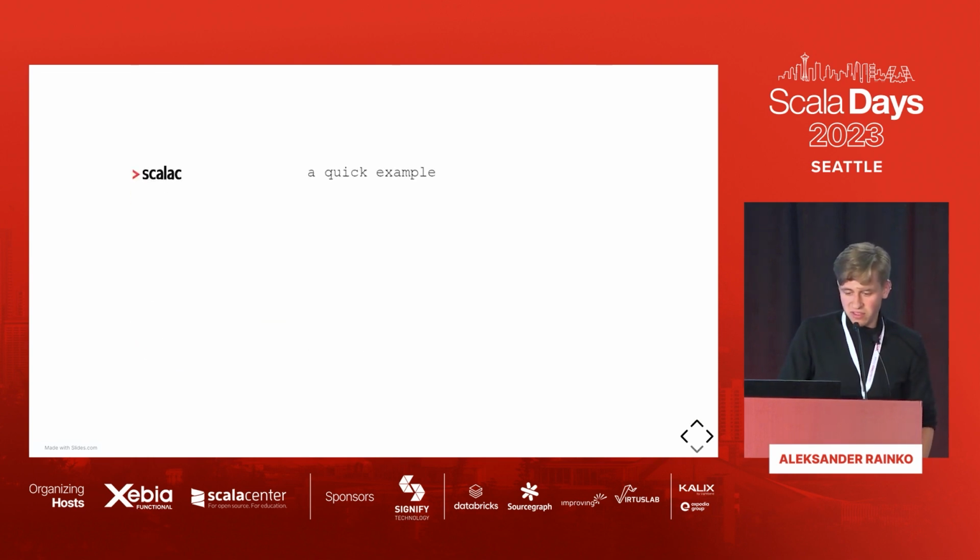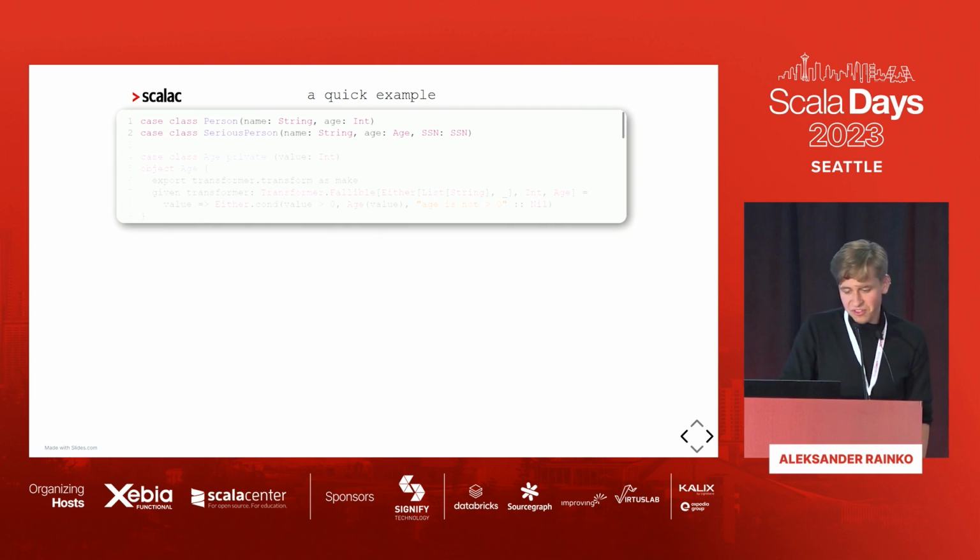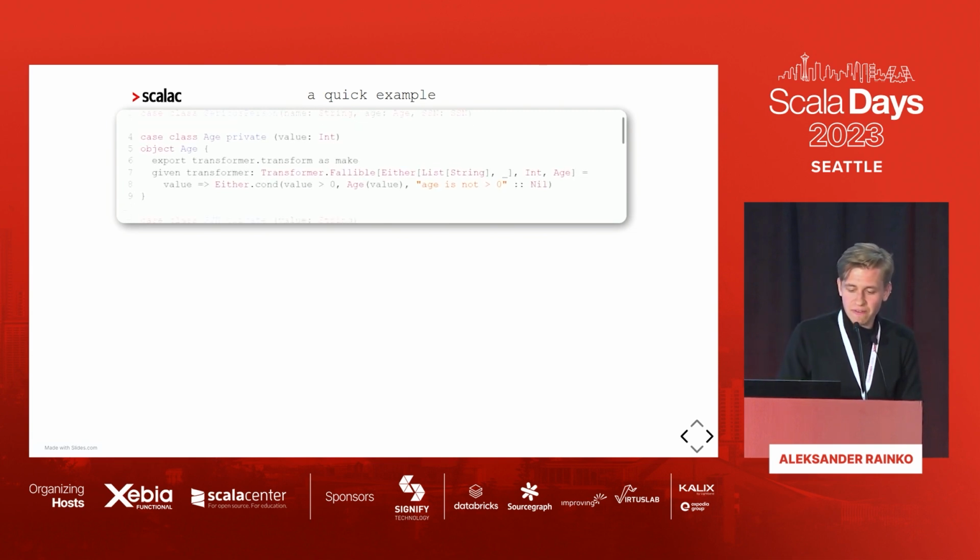And then, let's look at a quick example. So once again, we're back to a person and a serious person, but this time with a twist. The serious person has a well-typed age and SSN. And the age thingy is a case class with a private constructor. It's basically a new type, but not really. It's just for presentation purposes here.